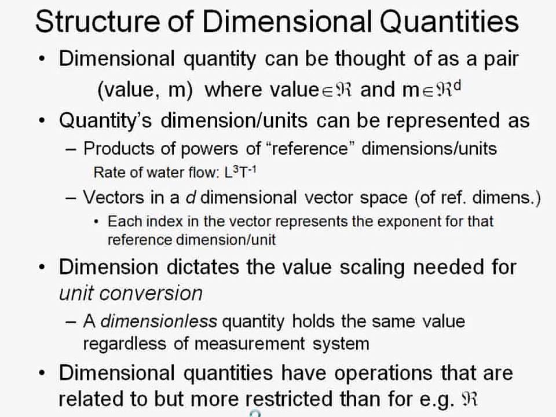Okay, so dimensional quantities have operations that are related to, but more restrictive than, those for real numbers. We often treat numbers in the computer as just numbers. Add them together, subtract them, multiply them, divide them, take a square root. They're just bits.